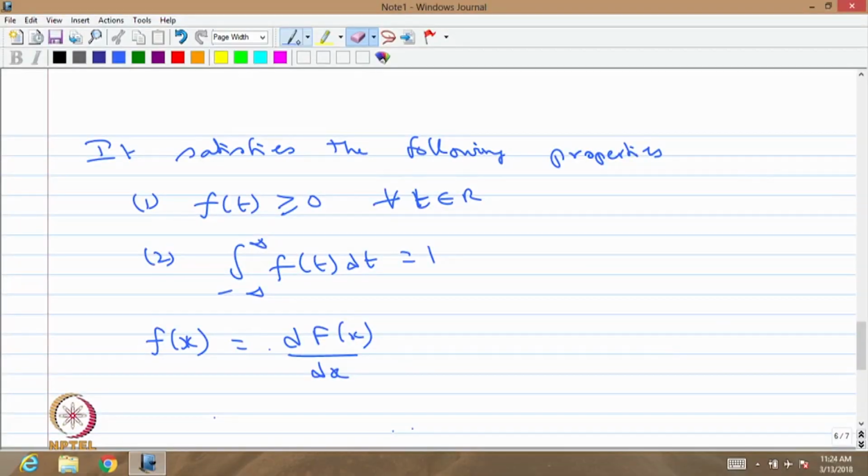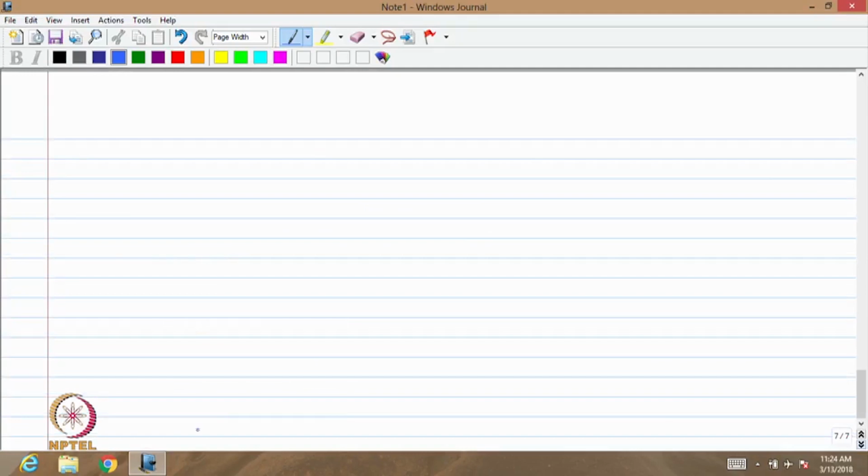I am going to take 2 examples, through which I will explain this continuous type random variable. The first example, example 1.